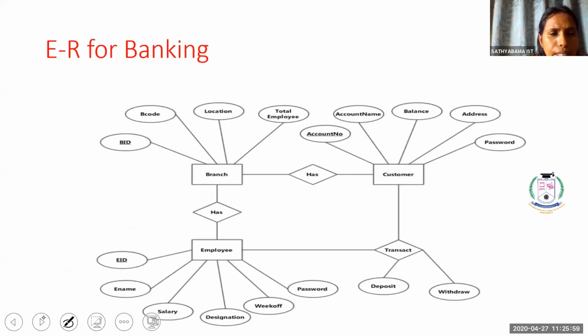So for this schema, the ER banking system, we do have branch, customers, employee, as well as transactions. So the ER banking system, this you have already done in your relational database model.